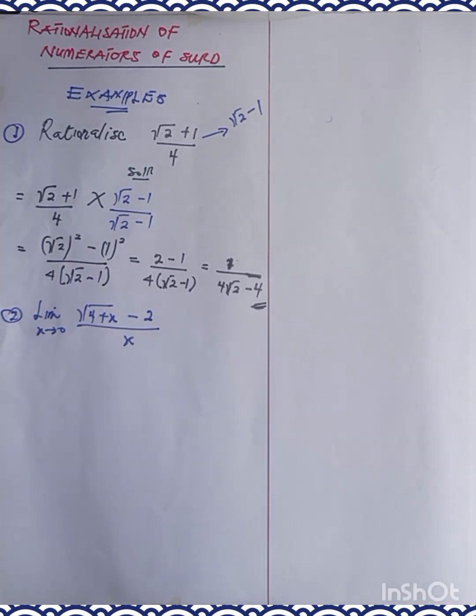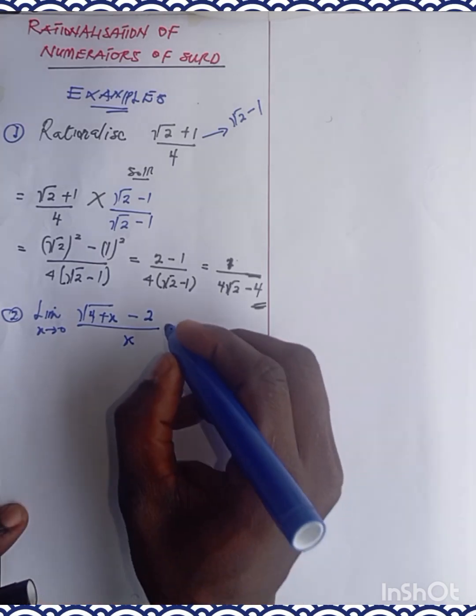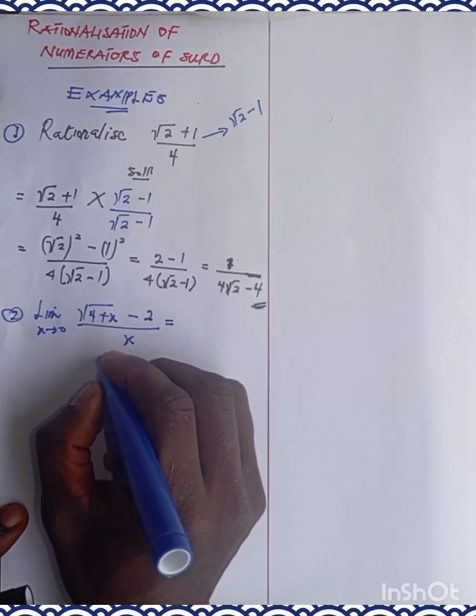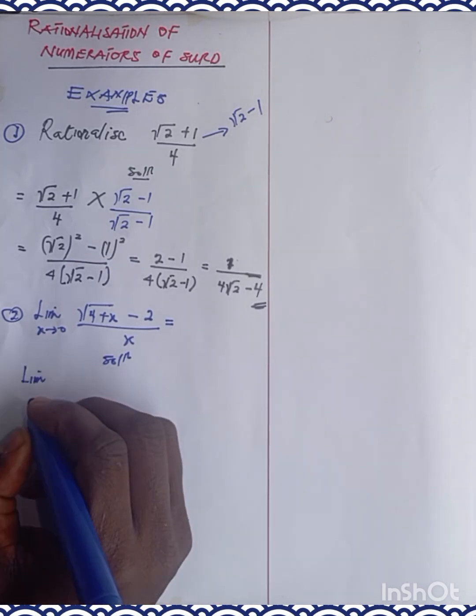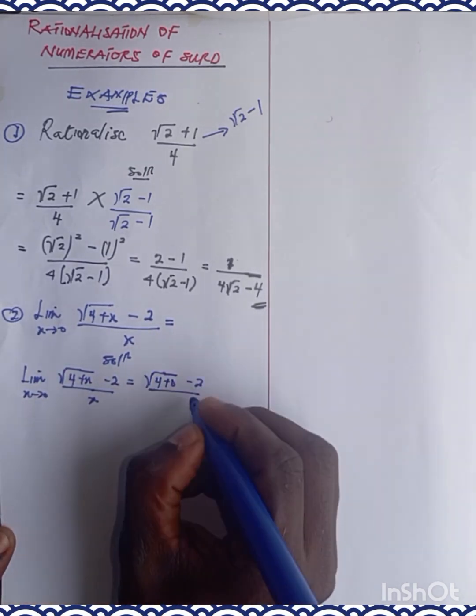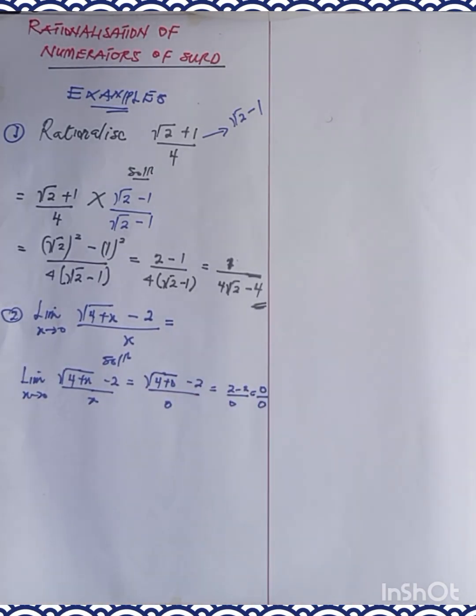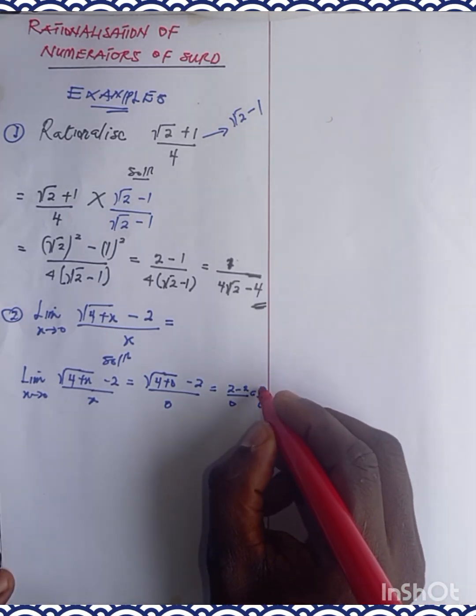So let's do our normal substitution and see what we are getting. So when you take the limit of this, this is what we refer to as the indeterminate form.